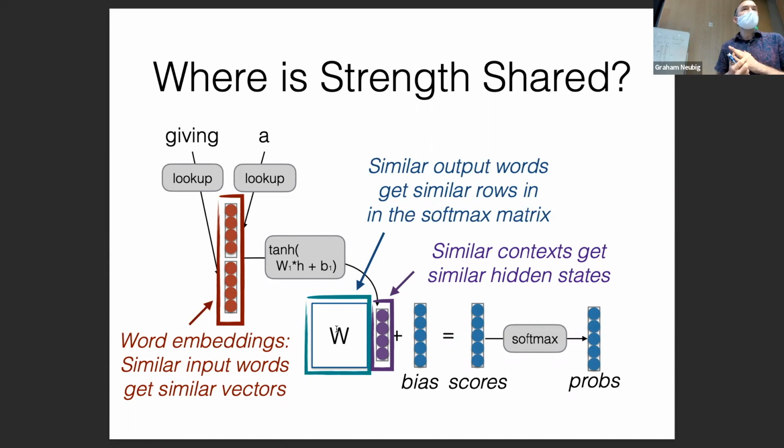Any other questions? Yeah. Is there a reason why we have the vector of A before the vector of giving by concatenate? Is there a reason why we concatenate in that particular order? Even though R is after given, you have concatenated R before giving in the vector.